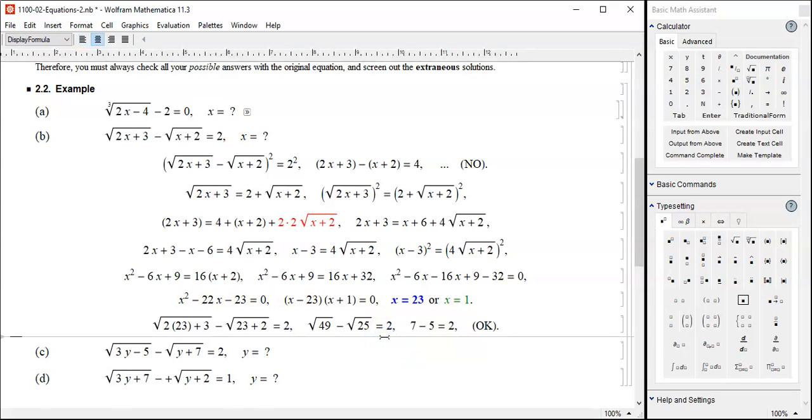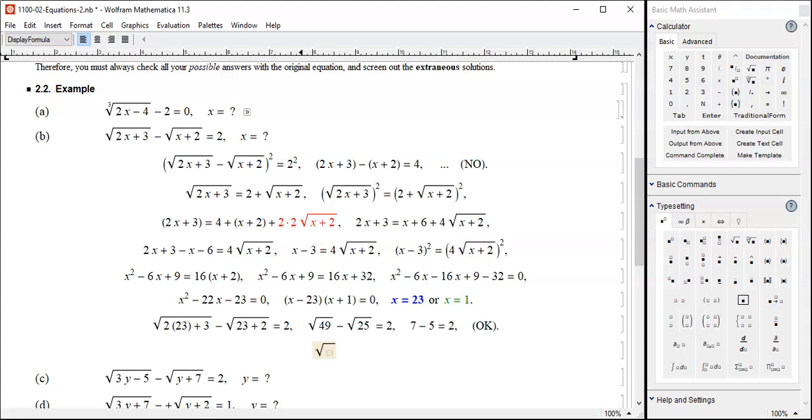How about the other one? X equals 1, then 2 times 1 plus 3 minus square root of 1 plus 2 equals 2. How about that? I just plug in x equals 1 here. So this is 2 plus 3, that's square root of 5 minus square root of 3 is equal to 2. Oh, okay, and this should be negative 1.